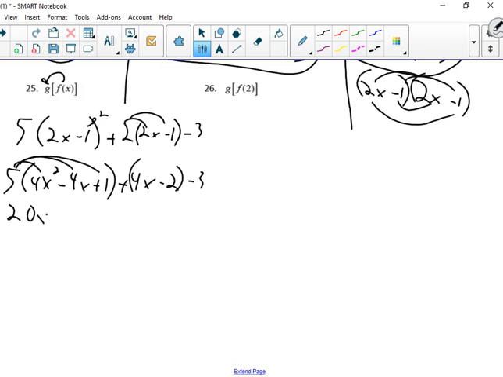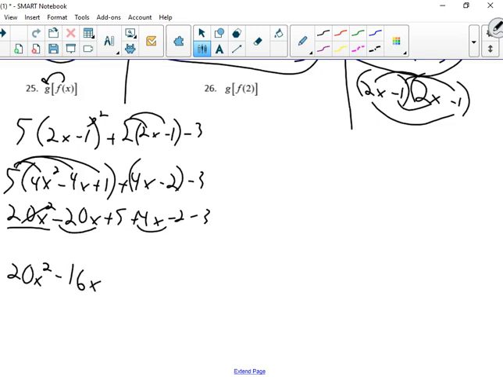That's 20x squared minus 20x plus 5 plus 4x minus 2 minus 3. All the parentheses are gone. 20x squared, no friends. Done. Negative 20x plus 4x, negative 16x. 5 minus 2 minus 3 is 0. Finito.